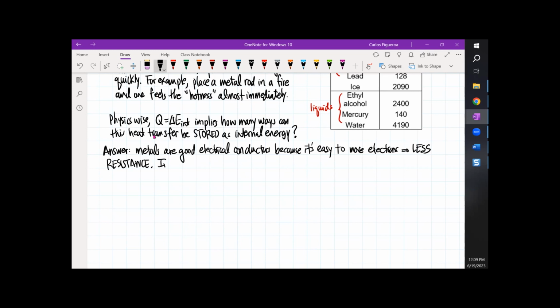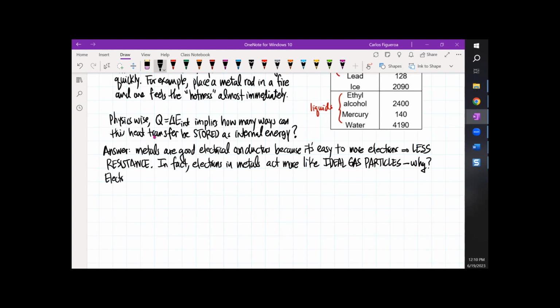So, in fact, electrons in metals act more like ideal gas particles. And the question, of course, is why again?